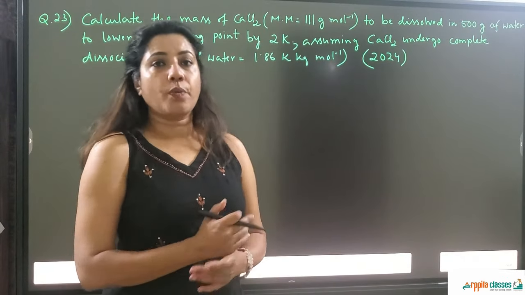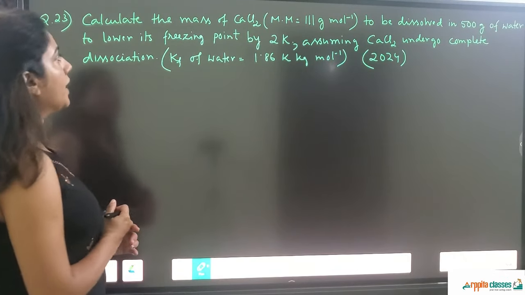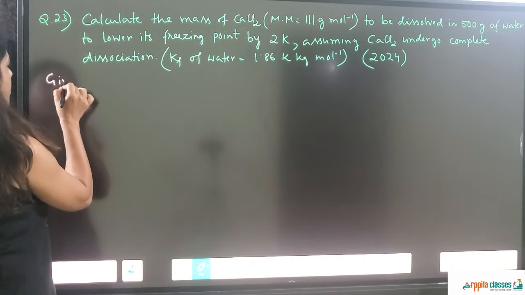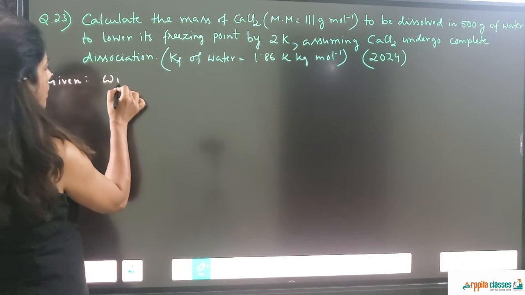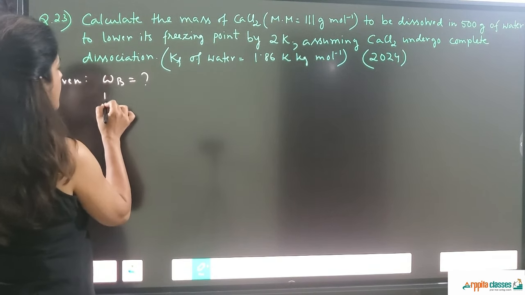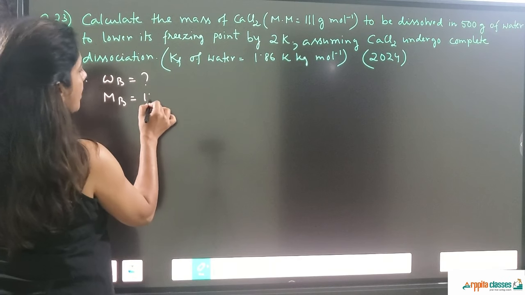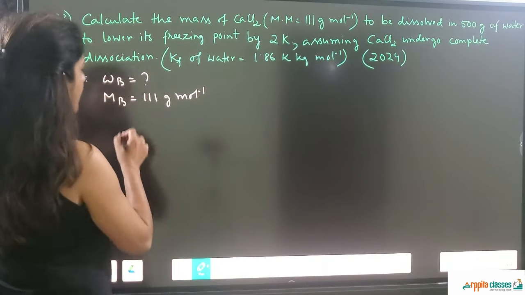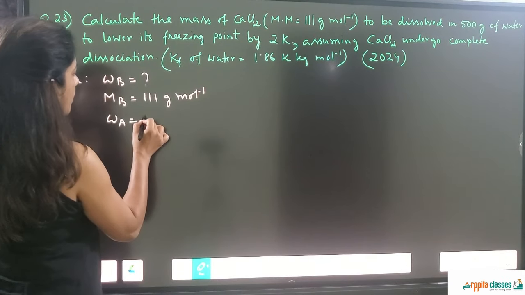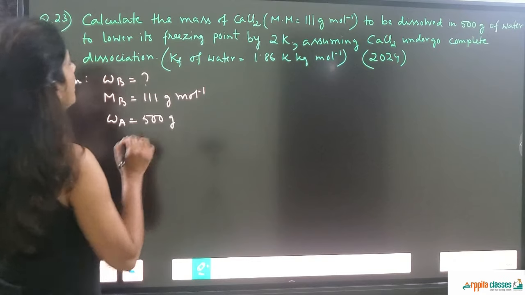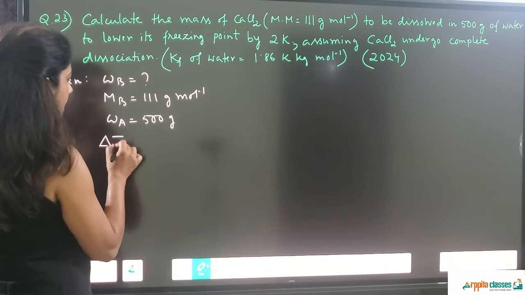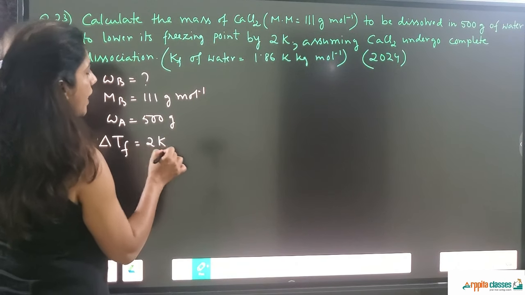Now this is the last question of this video. Calculate the mass of CaCl2. Mass of CaCl2 means they are asking to calculate Wb is equal to what? Molar mass of CaCl2 is given, 111 gram per mole, to be dissolved in 500 gram of water. That's your Wa, 500 gram, to lower its freezing point by 2K, so that is your delta Tf equal to 2K.